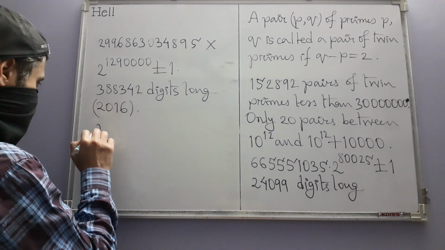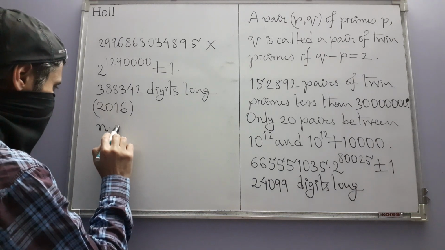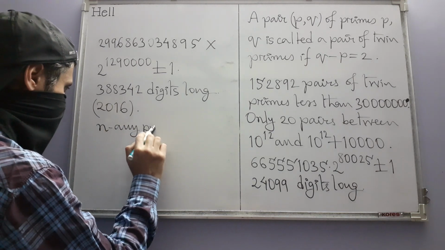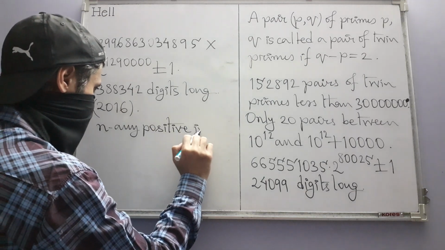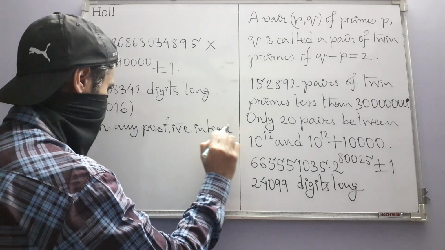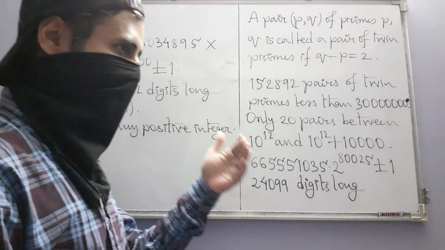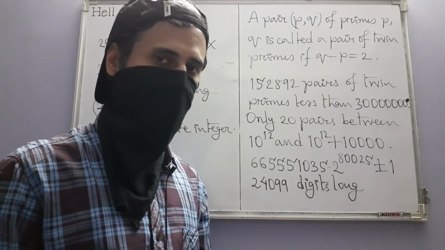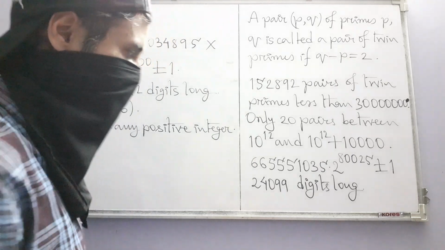Say you are given any positive integer n. Can you create a string of n consecutive integers, all of which are composite? Yes, this can be done.